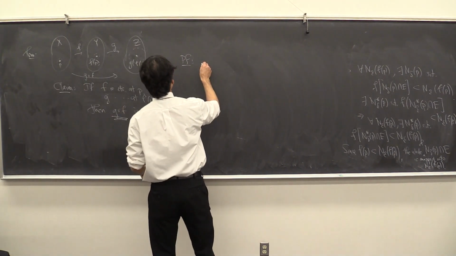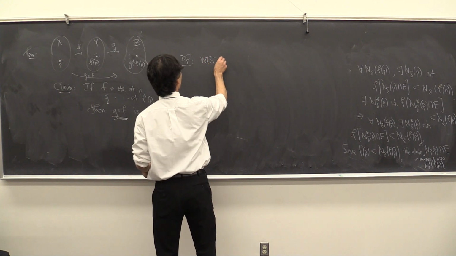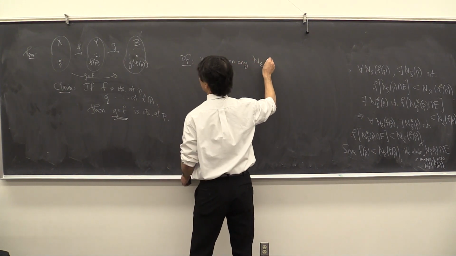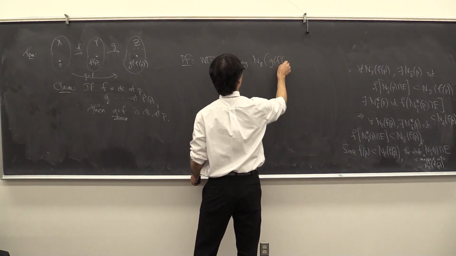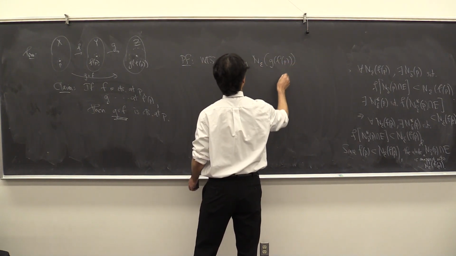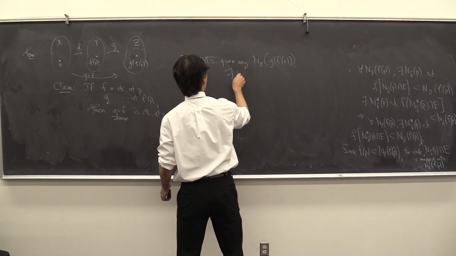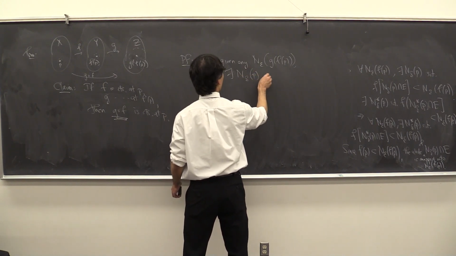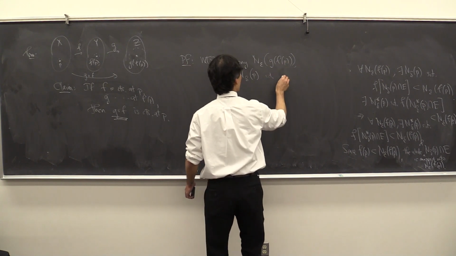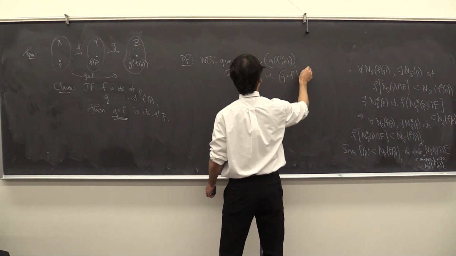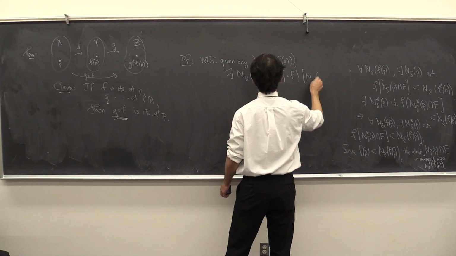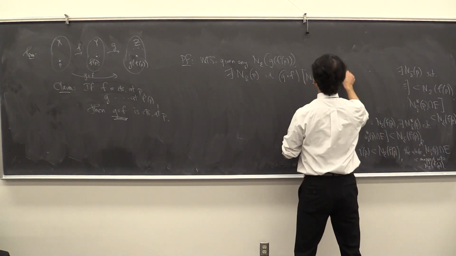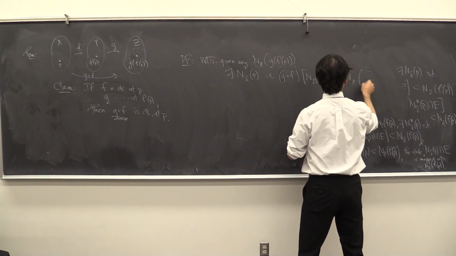So you want to show that given any epsilon neighborhood around g of f of p, there exists a delta neighborhood around p such that the composition maps it into the epsilon neighborhood.